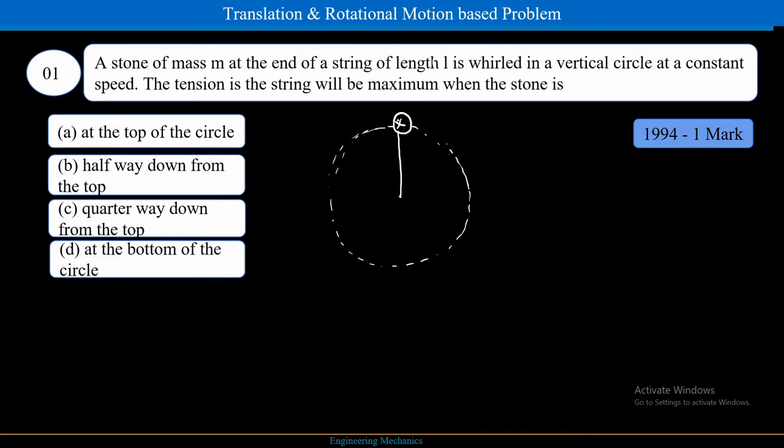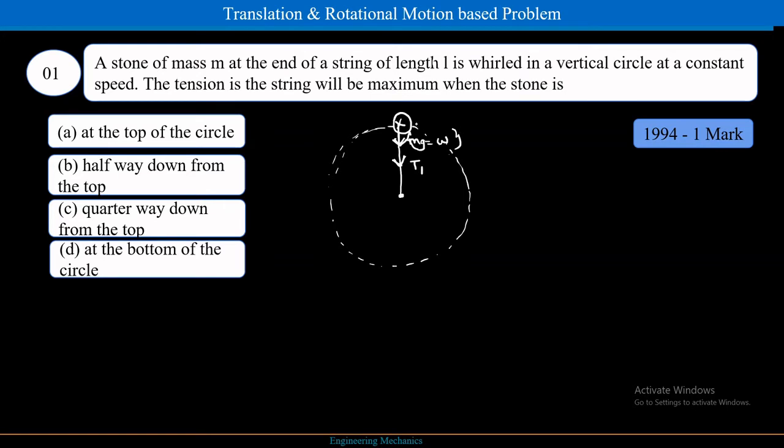So what sort of force or tension will the string have? First let me check. Suppose this is my T1 towards the center, and the weight of the stone will be mg, acting in the downward direction because gravity acts downward.